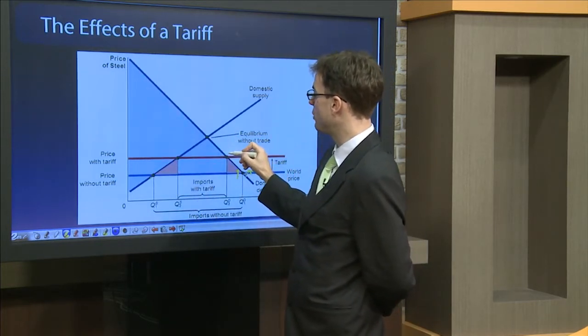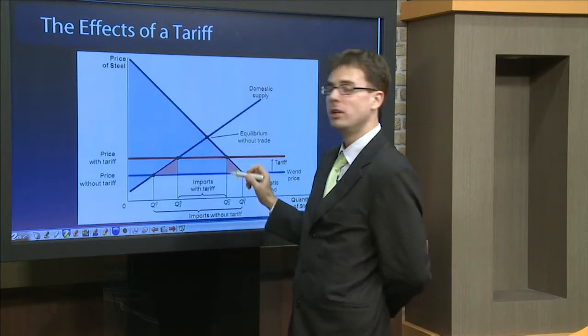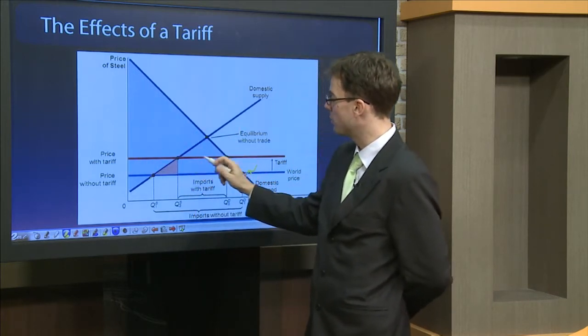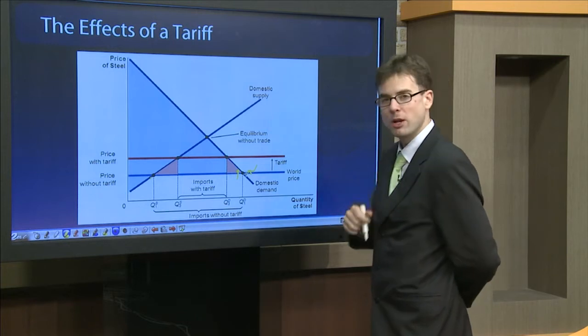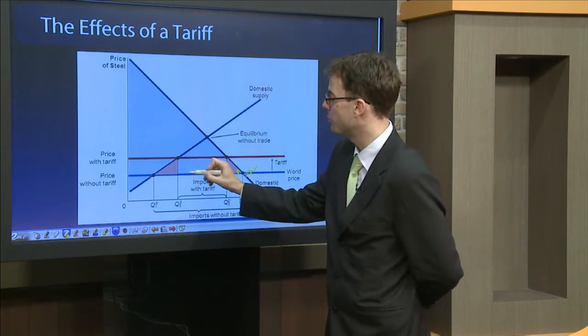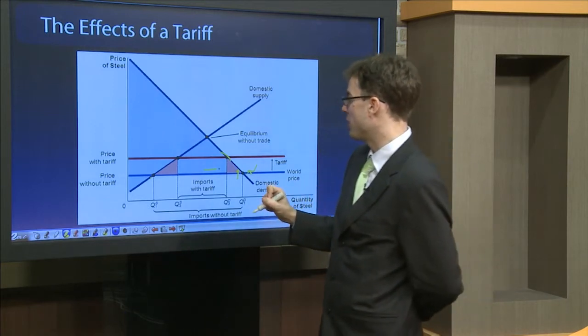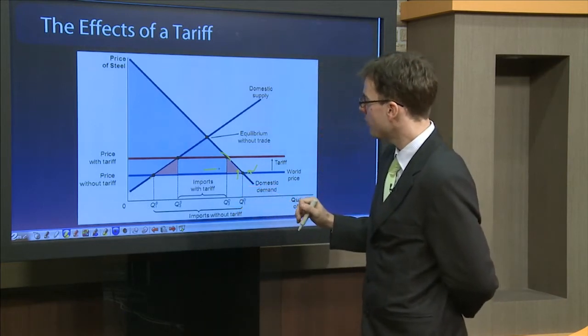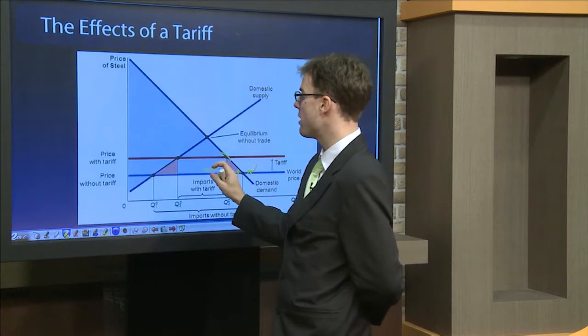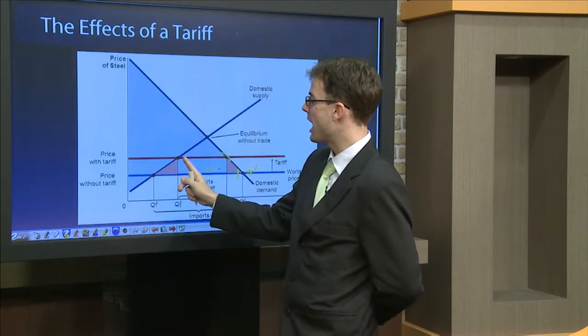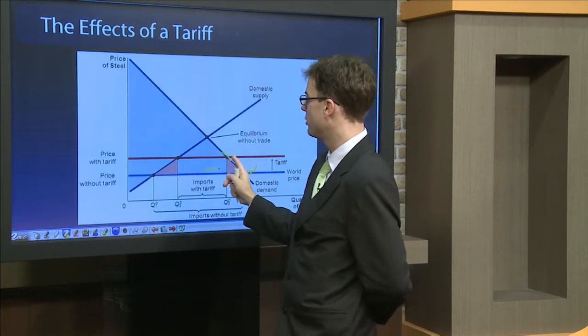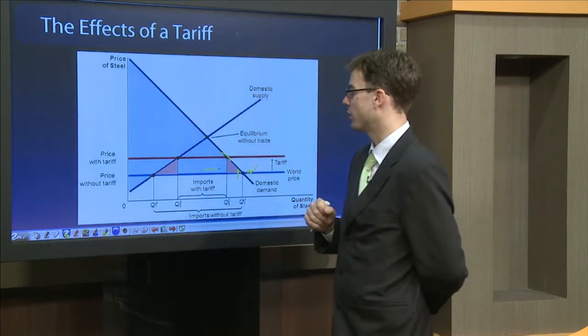Now it becomes reduced to this triangle, so consumers lose this amount of surplus. And we can also talk about the surplus received by the government, because the government now collects a revenue equal to the tax rate times the amount of imports.